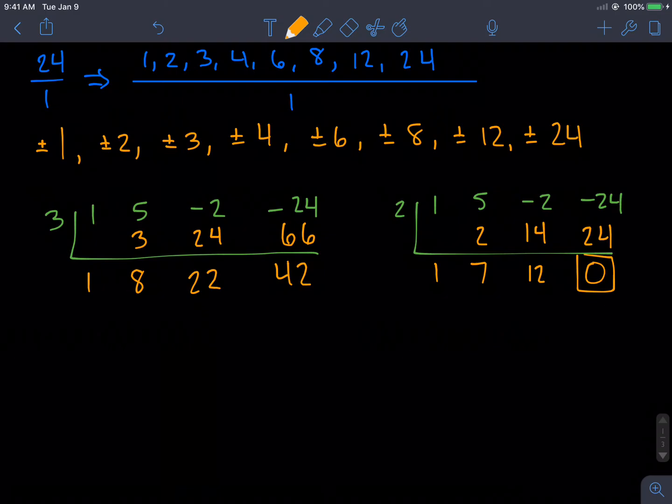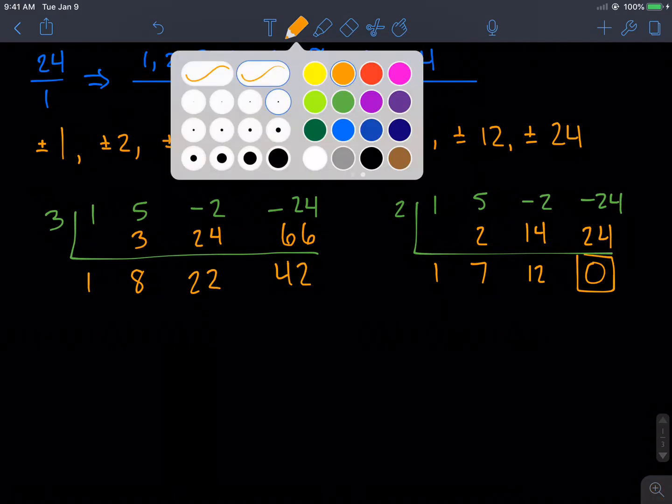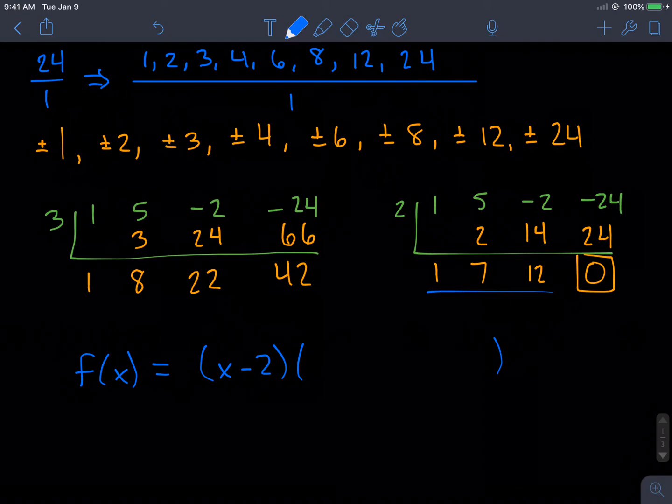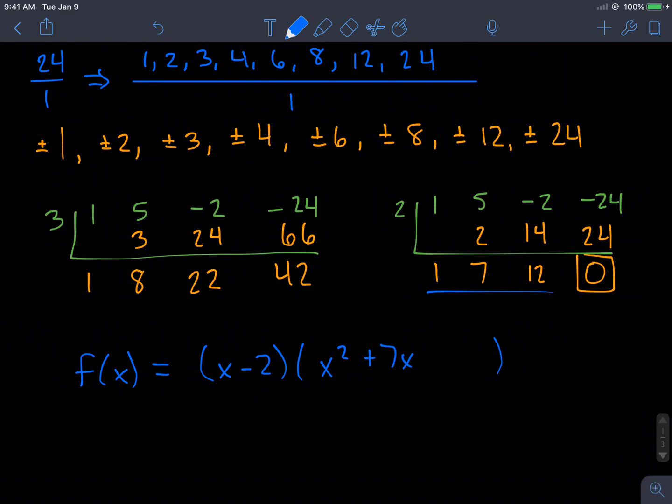So now we move on like we had in the previous section. So we know that 2 is a 0, which means x minus 2 is a factor. So we've divided by x minus 2, and we're left with 1x squared plus 7x plus 12.